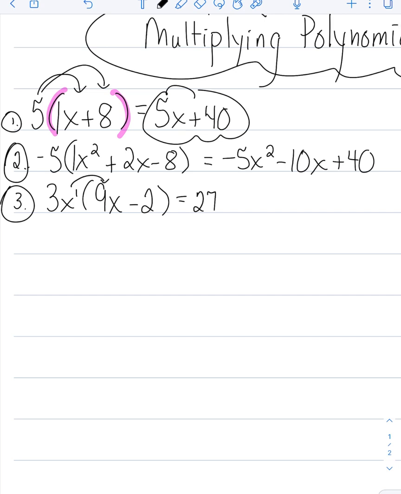So I have x to the first here, x to the first here, so x times x is x squared. Let's keep going. 3x times negative 2 is, 3 times negative 2 is negative 6, and I have one x on the outside, so that becomes negative 6x. So our simplified expression or polynomial is 27x squared minus 6x.